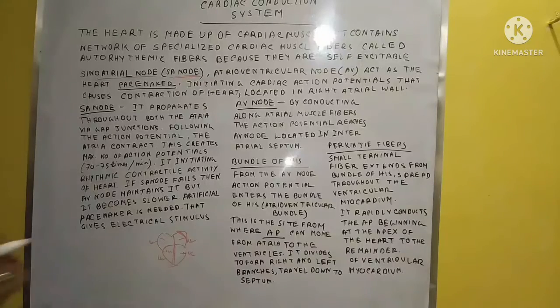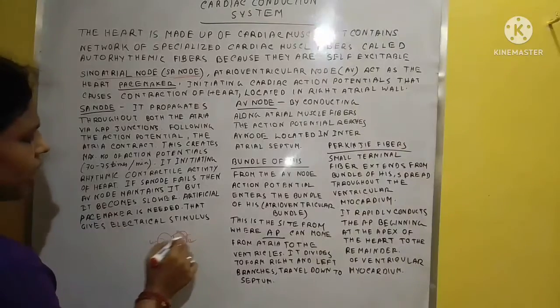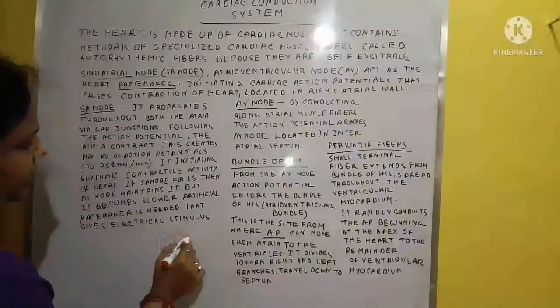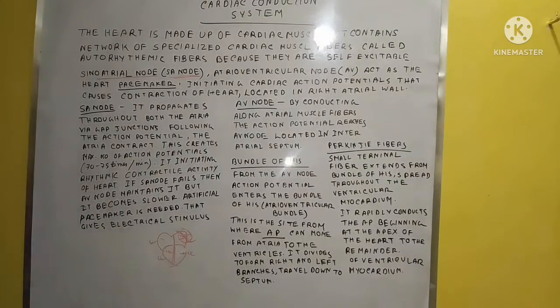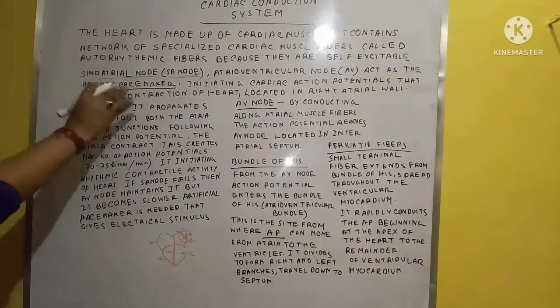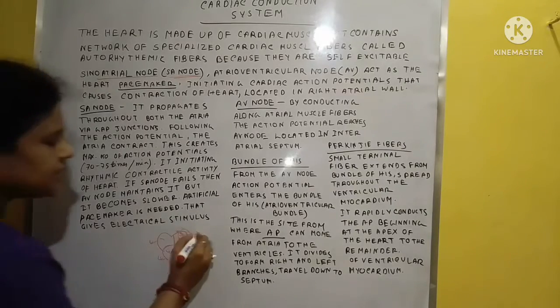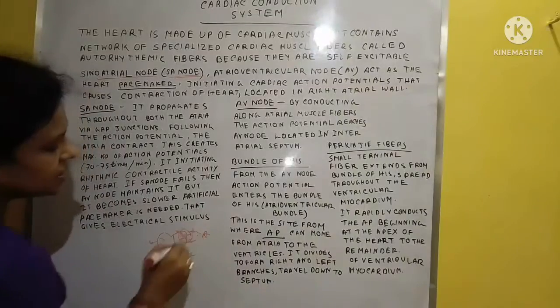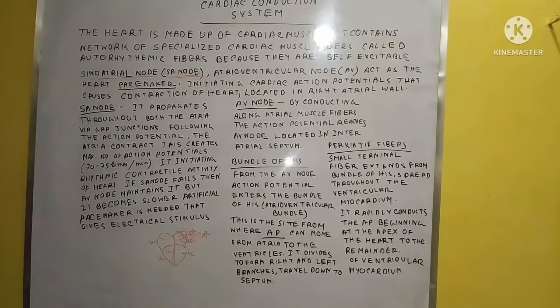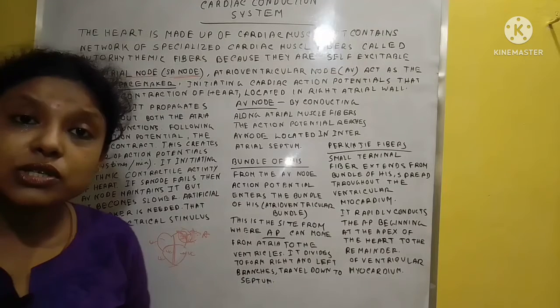And if any damage occurs in this node, which is called the sinoatrial node or AV node, the impulses cannot be produced. As a result, the rhythmicity of the heart, the contraction and relaxation process, becomes disturbed, but it does not stop. Why does it not stop?